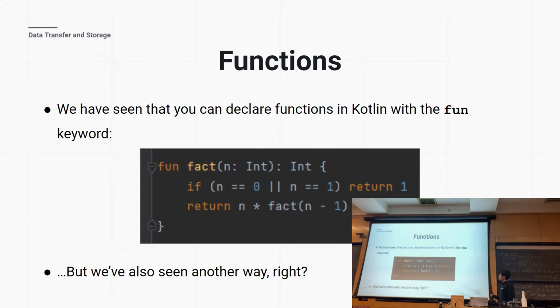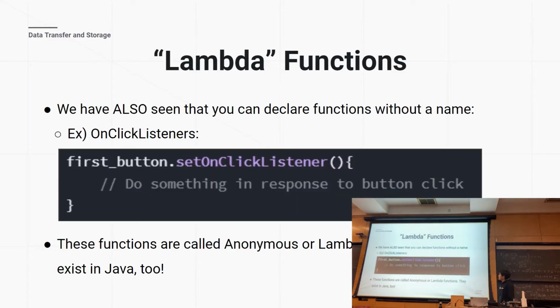Anyways, so this is one way that we've seen that we can declare a function in Kotlin, but we have also seen another way, right? There have been other ways that we can declare functions, and the main other way, well, I guess I can remind you, is with click listeners. And so how do we do it with click listeners? Well, we can declare functions to pass into click listeners that don't really have a name. These functions are usually called anonymous functions, anonymous being the fact that they have no name, or lambda functions.